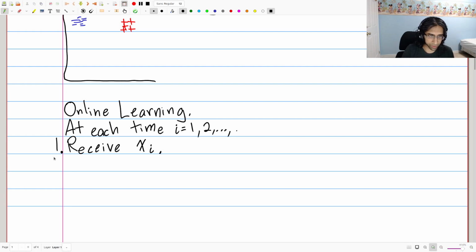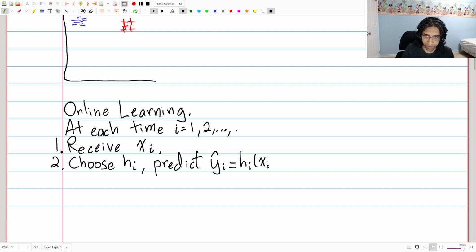Then we have to choose some h_i, some function, and we predict that y_i hat, our prediction of the label, is equal to the predictor that we chose, applied to the feature vector we received. So we make a prediction of what the answer is.